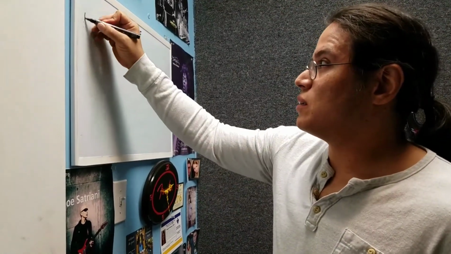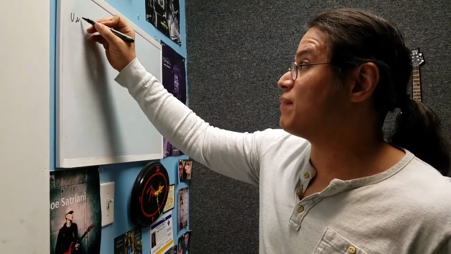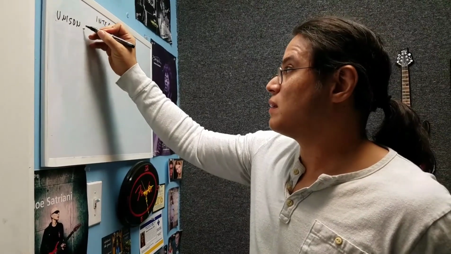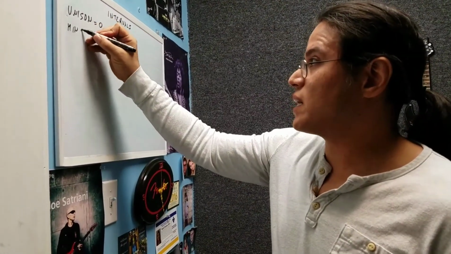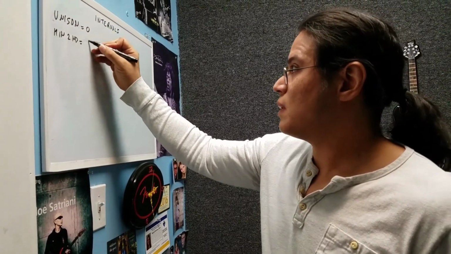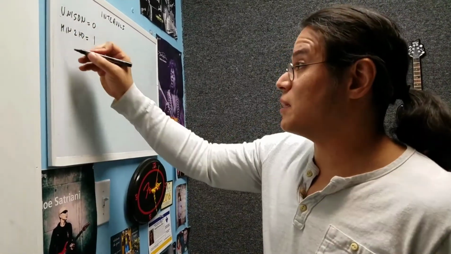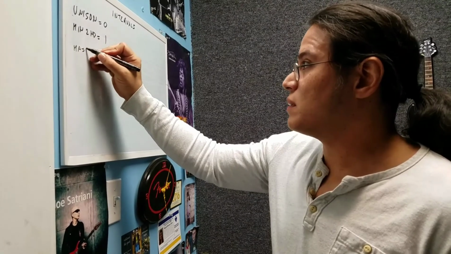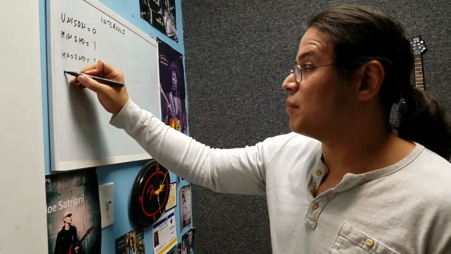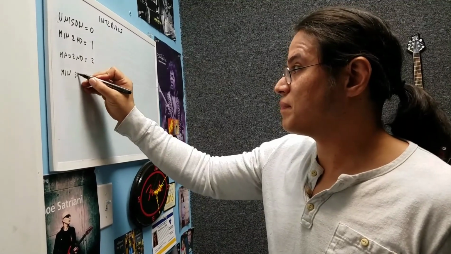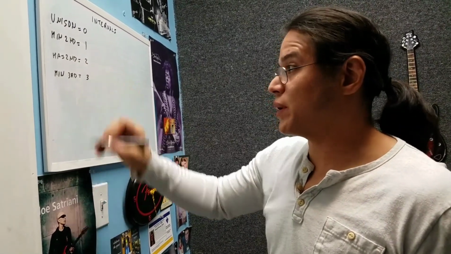And this is really just reference memorization. So you have a unison, there's zero distance. A minor second, they're 1 fret away, or 1/2 step. A major second, they're 2 frets away. Minor third, 3 frets away.